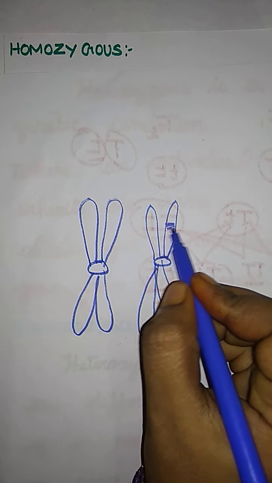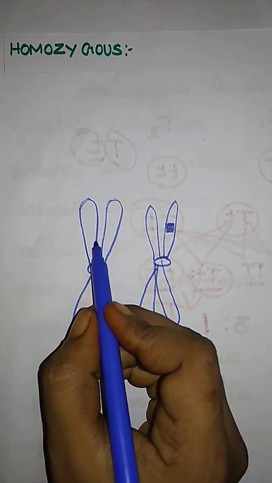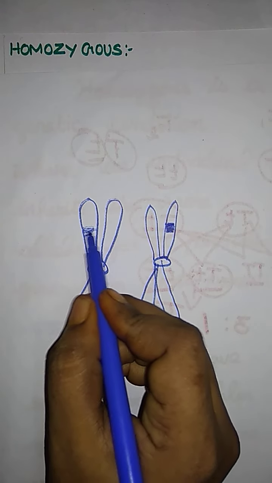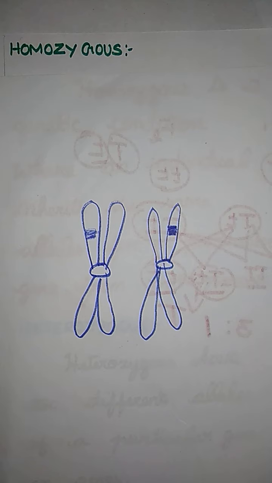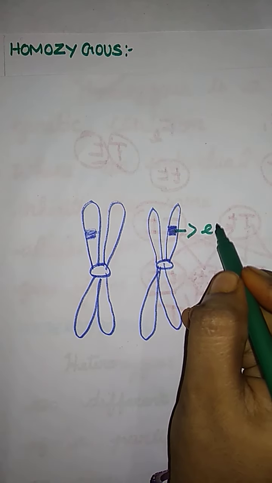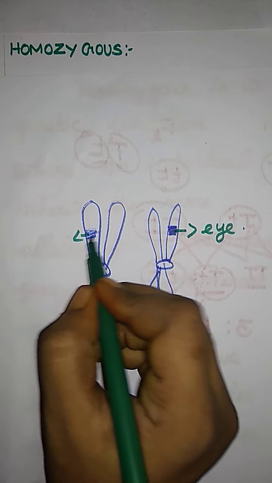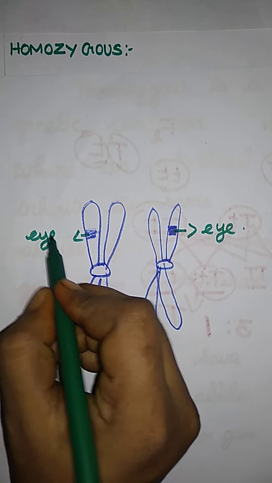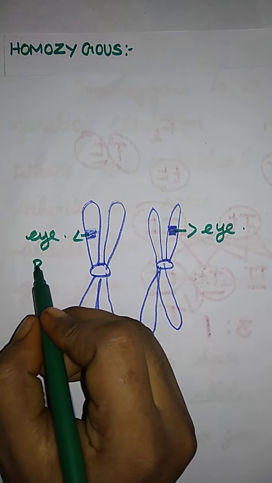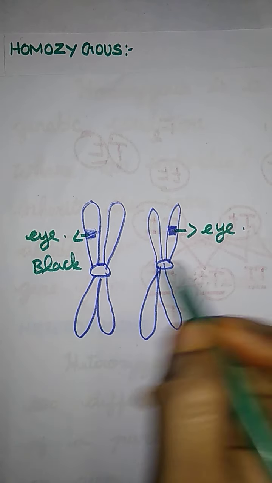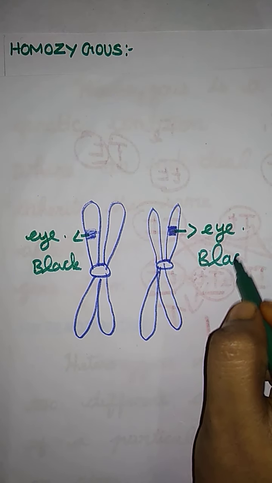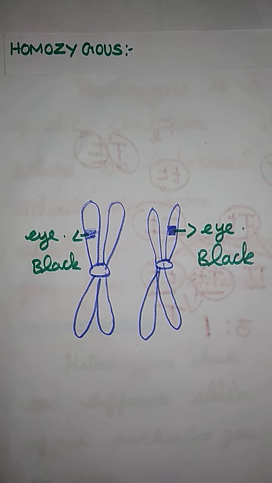In a particular area here, and also here, they are having one character. For example, it is easy to take eye color, and here also eye color. Both of them have black. So they are having the same color.